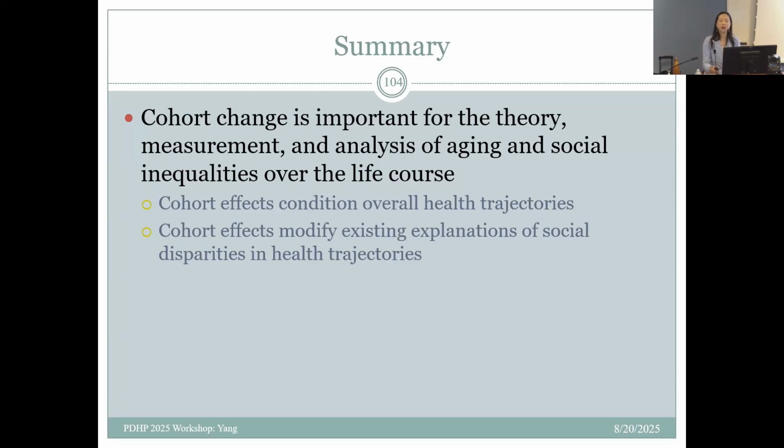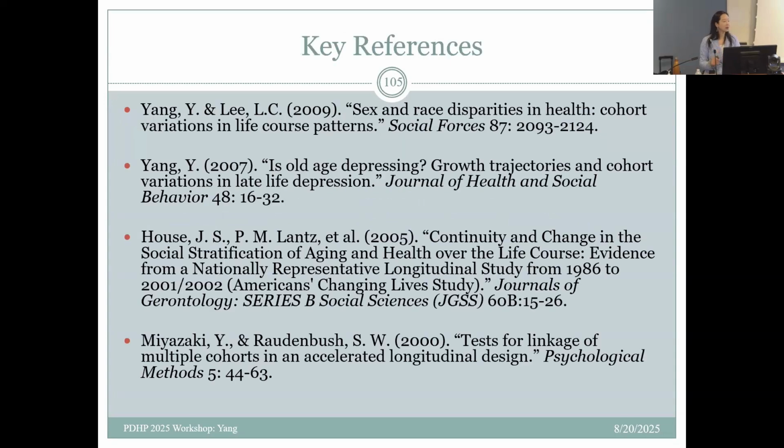Depending on the cohorts for which you have data, you might draw completely different conclusions with regard to the evidence for cumulative advantage versus disadvantage, or age as leveler, or constant, persistent social inequalities with age. So it matters. I've just zipped through it with really fast talking, but I'd stop on this slide that provides additional key references and see what questions you might have.